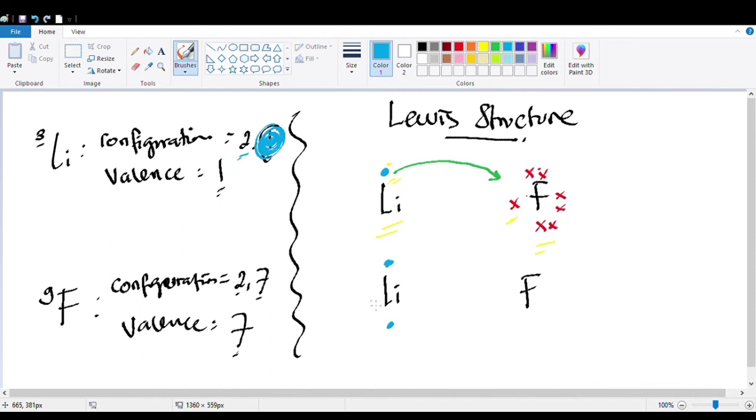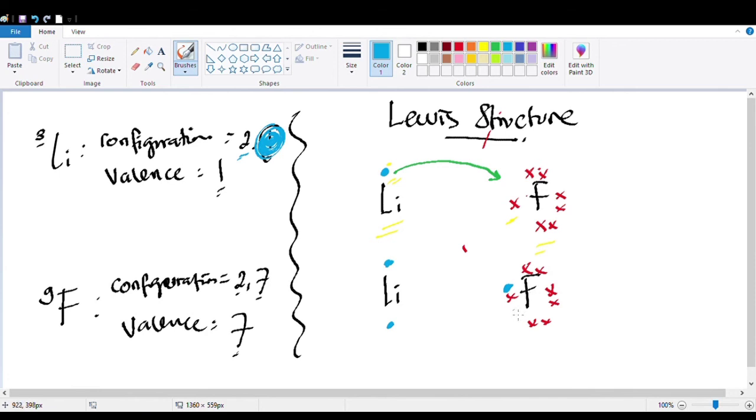And how about fluorine? Fluorine, again, you draw here 1, 2, 3, 4, 5, 6, 7, and now the fluorine gets one electron from the lithium. So now fluorine has 8 valence electrons.